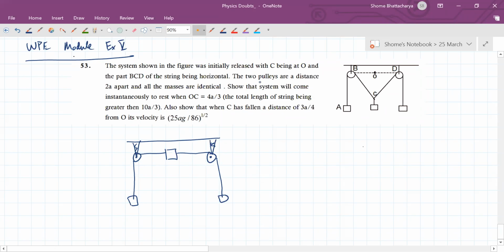Okay. So this distance is 2a, and all the three masses are identical. Okay. And it starts from rest here. Now from here, it is going to this position next.